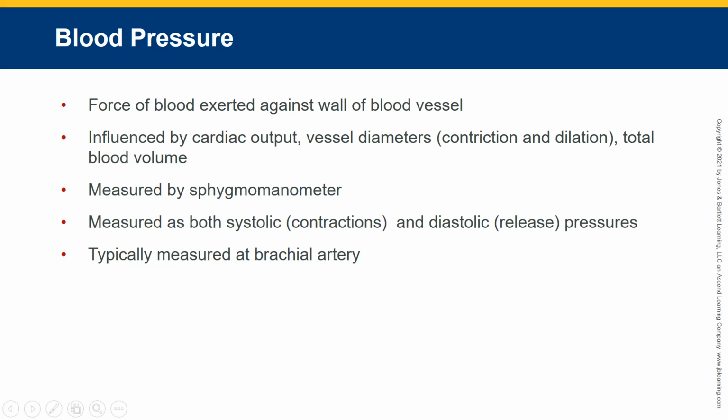So blood vessel diameters will constrict, they get smaller, and they will dilate, they get bigger, and that helps move the blood along. As the heart pumps, boom, boom, boom, the blood vessel diameter changes from bigger to smaller. It's an autonomic reflex that just keeps the blood moving along.